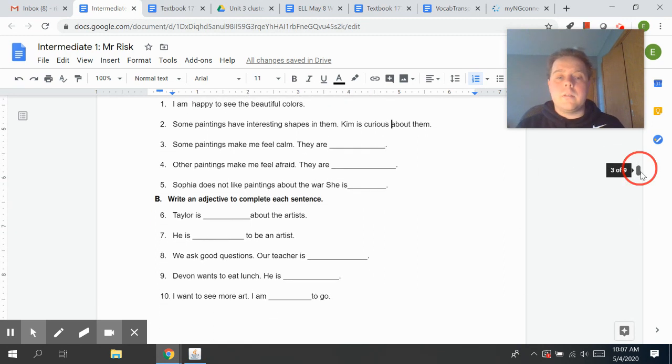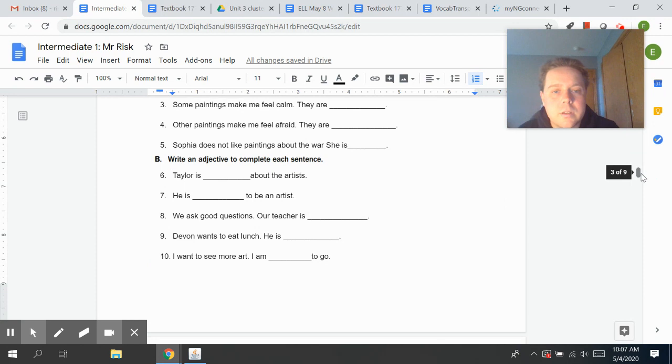Now, for this part, write an adjective to complete each sentence. So these are ones that you're just thinking up in your own head. Taylor is blank about the artist. Is she excited? Is she scared? What word goes best there? He is blank to be an artist. What does he want to do?